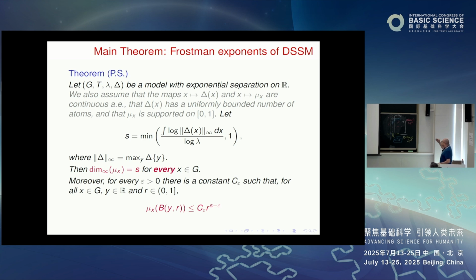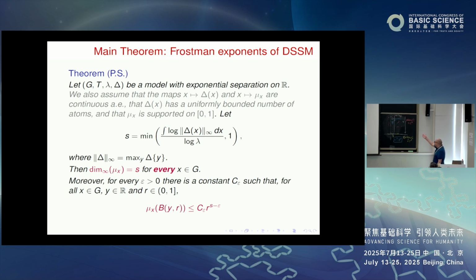In some sense it's not so surprising because there is unique ergodicity behind it. The reason why we can go from almost everywhere to everywhere is because I'm assuming that the dynamics is uniquely ergodic. Any questions about this theorem?